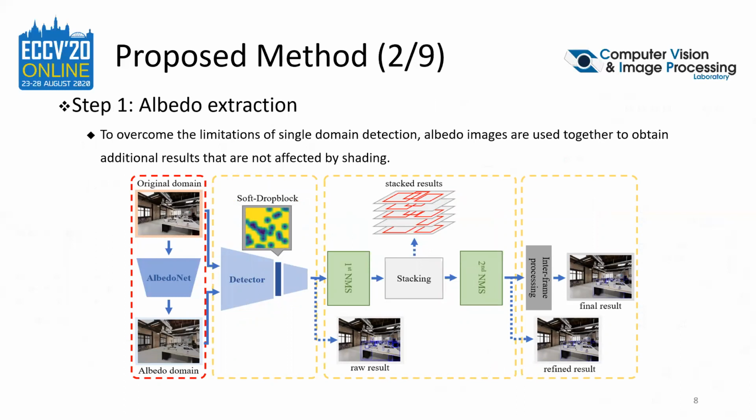In the albedo extraction step, albedo images are extracted through AlbedoNet. Albedo refers to the image from which shading information is removed. This is used as the input of EPrOD with original images. As a result, it has the effect of additionally detecting objects that could not be detected due to the influence of shading.